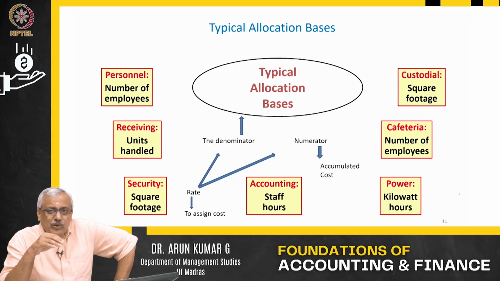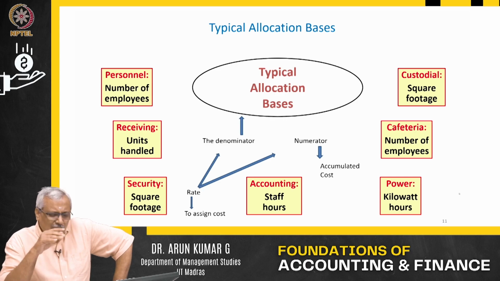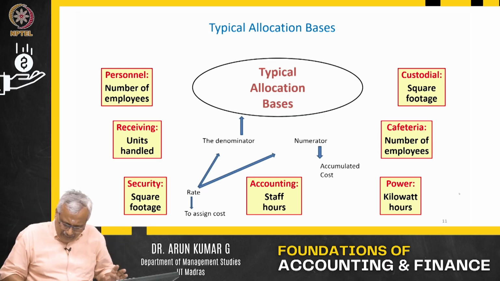We will move into the next stage of allocation, that is what we call activity based costing allocation. As of now, the allocation bases are number of personnel, units handled, square feet for security, staff hours for accounting, number of employees for cafeteria, and kilowatt hours for power. One of these is the typical basis of allocation in the conventional system.